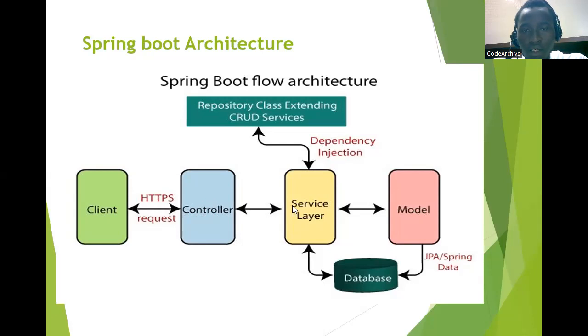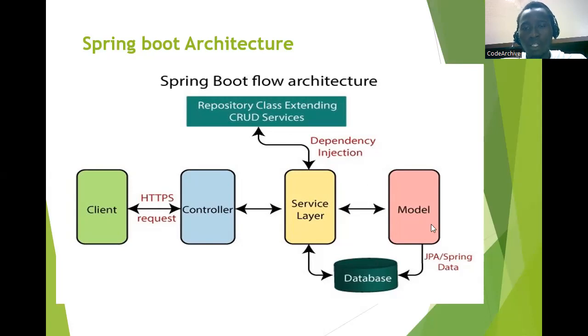And then the service layer will implement the logic on how we save the user. Maybe before we save the user, first of all, we will define a function here to check in the database whether this user exists or not. So that if the user exists, we should not add another user to duplicate it in the database. If it doesn't exist, then add the user. So this is the logic which we will define in the service layer.